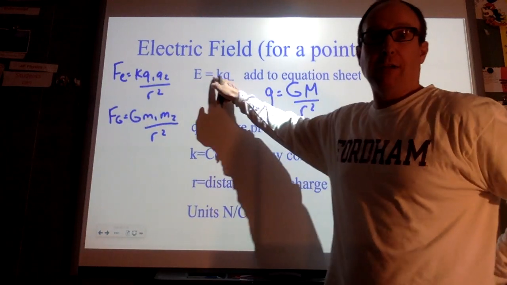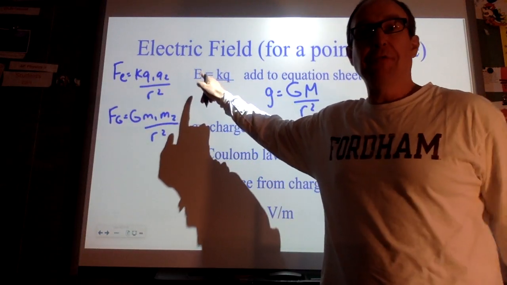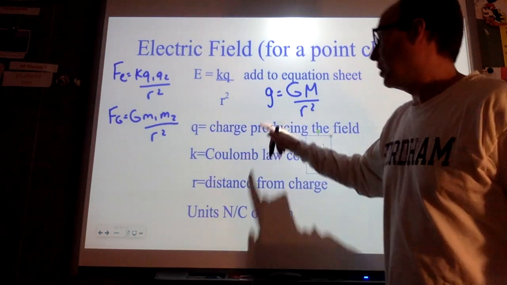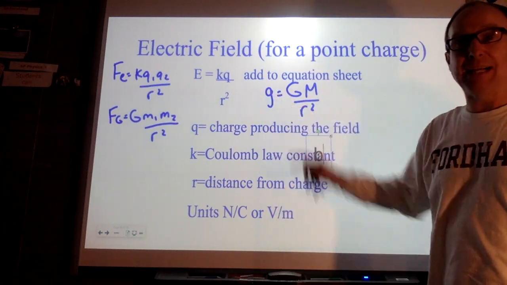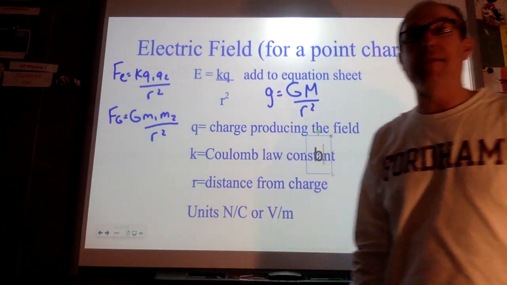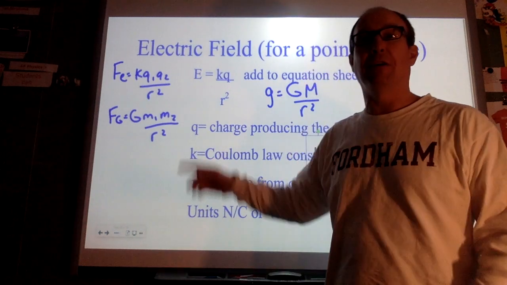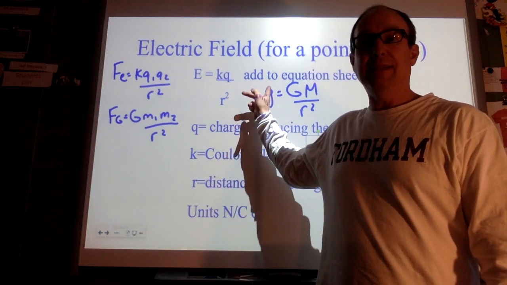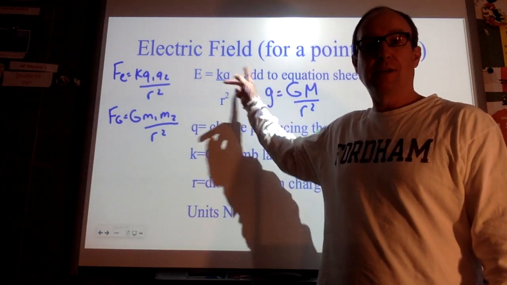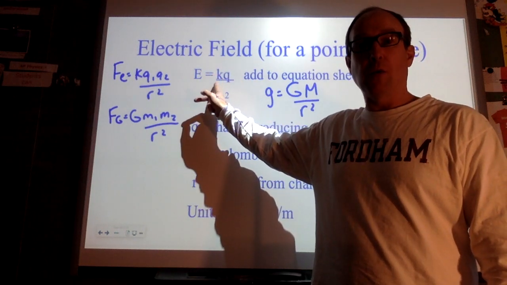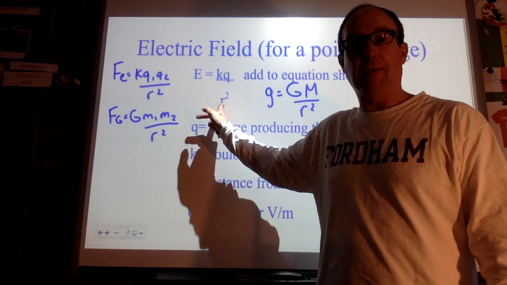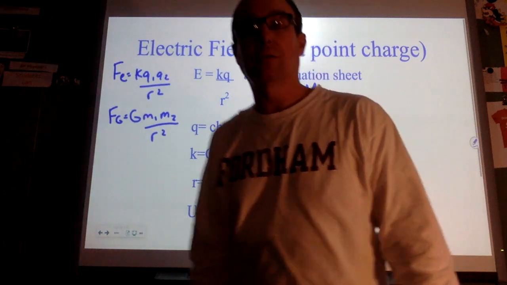So our electric field is the magnitude that we feel from a charge. Our gravitational field, the acceleration due to gravity we feel, the gravitational field strength, is a product of this constant, big G, the mass, divided by R squared. We have our Coulomb constant and our charge divided by R squared.